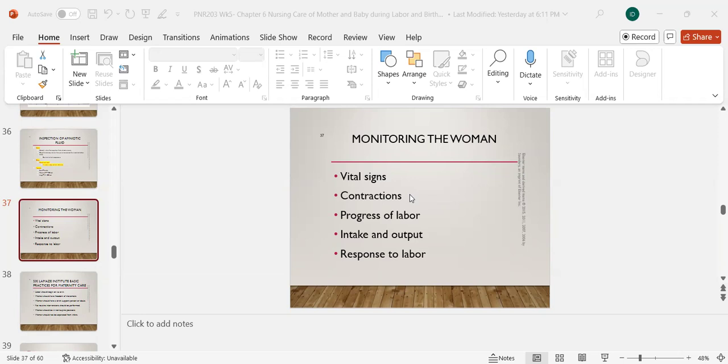Remember, the only thing that takes away the real pain of the contractions would be an epidural. And during the active phase of the first stage of labor, an epidural, if she wants it now, would be a good time to give it to her. Okay, let's move on.